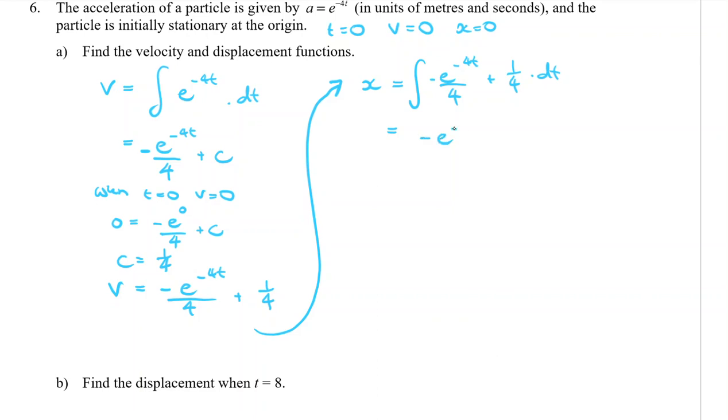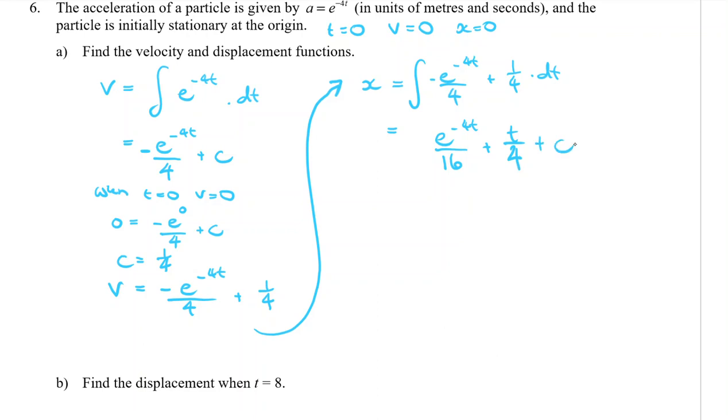I already have a 4 on the bottom, but when I integrate again, another 4 is going to go down there, so it becomes 16. But it was a negative 4, wasn't it? So that minus sign at the front becomes a positive. Then the quarter becomes t over 4, or quarter t, which means the same thing, and plus c.